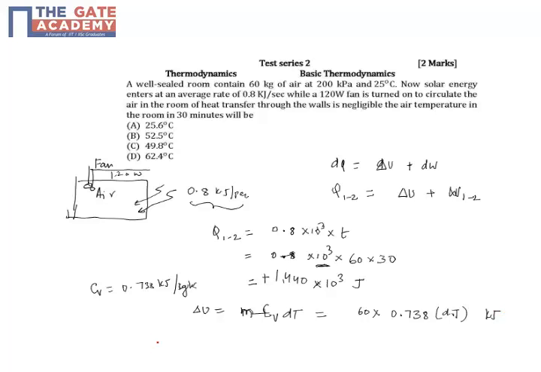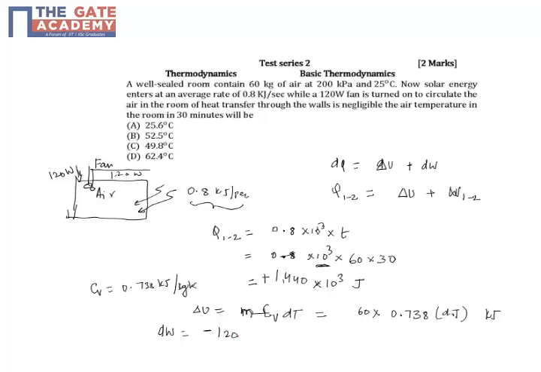Now work done. You have a fan which does work of 120 watts. The work is in electrical form; you have a motor that operates it, so 120 watts of work is done on the system. If it is work done by the system, I take it positive; if it is on the system, negative.